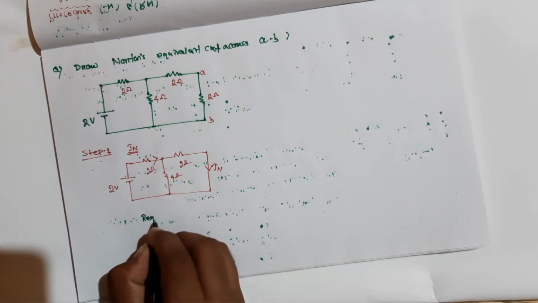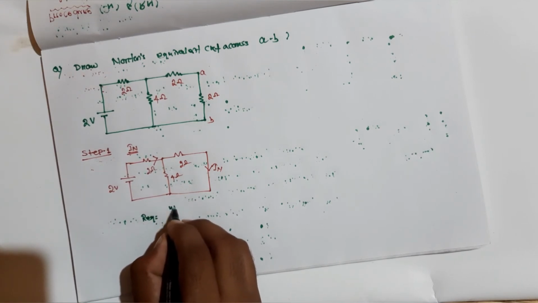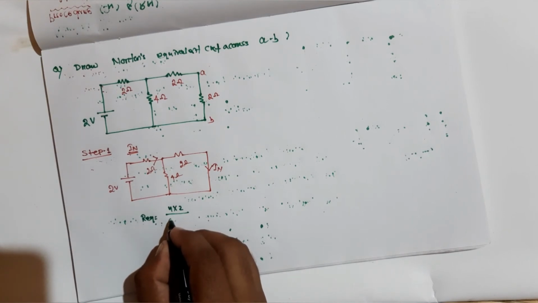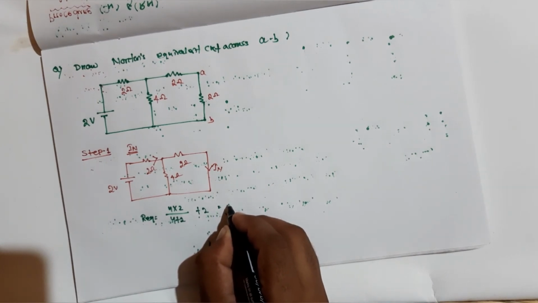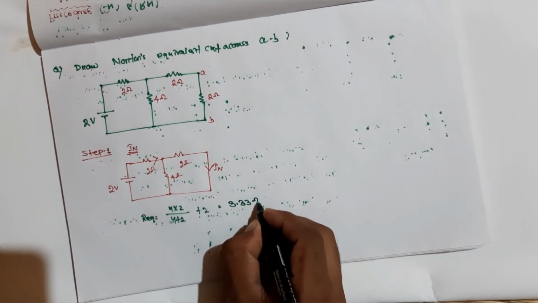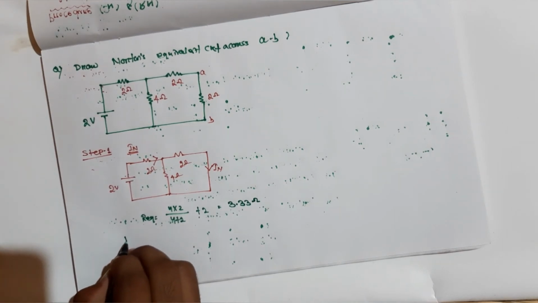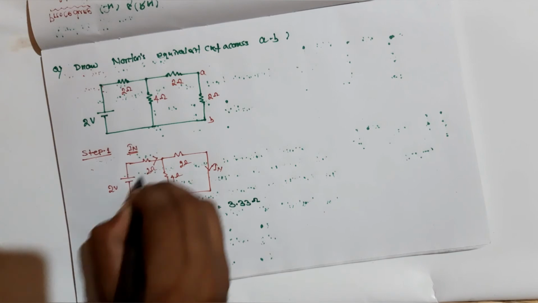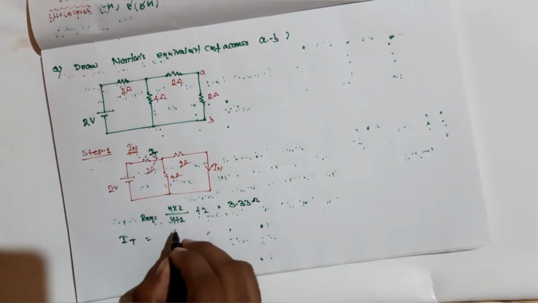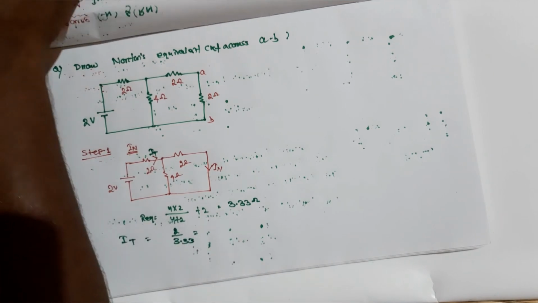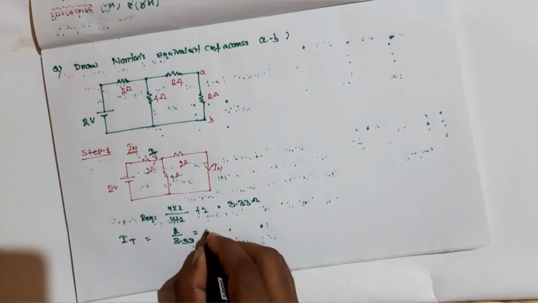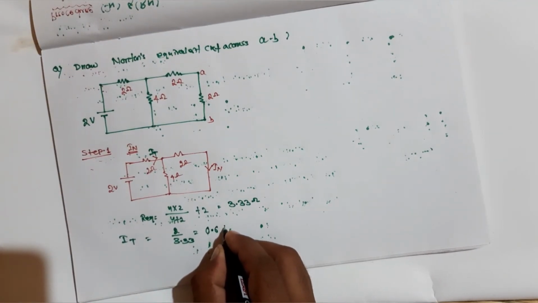The 4 ohm and 2 ohm are in parallel. R equivalent of this circuit is equal to 4 into 2 divided by 4 plus 2, then plus 2. This is 3.33 ohm. Then the total current I total is equal to 2 divided by 3.33, which is 0.6 ampere.